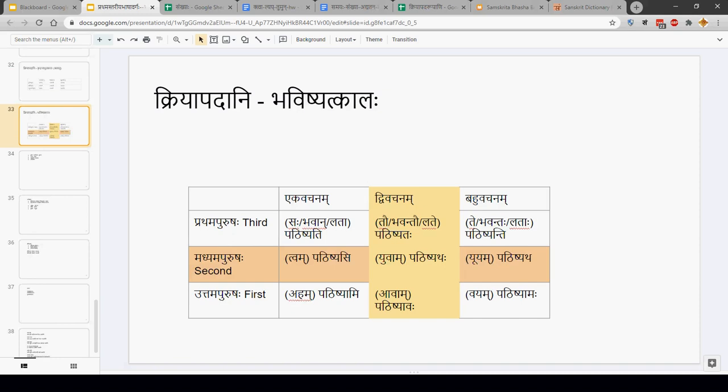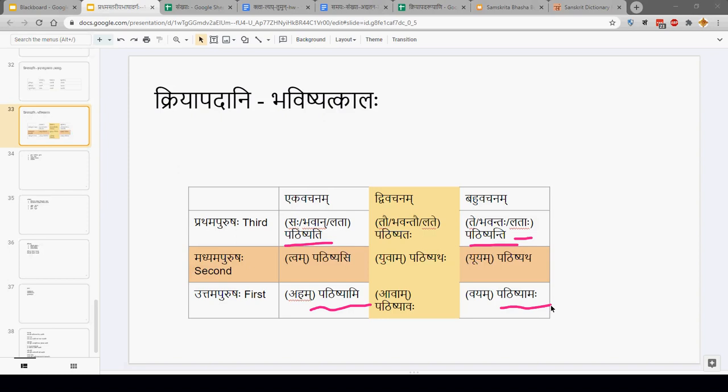And now Bhavishyat Kala, this table we have also seen before. Here we have Patishyati, Patishyantaha, Patishyanti in the Bahuvachana form. Ekavachanam Patishyati, Bahuvachanam Patishyanti, and in Uttama Purusha we have Patishyami, Bahuvachanam Patishyamaha.